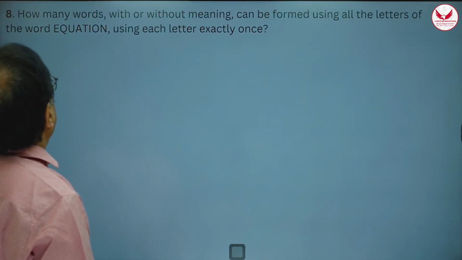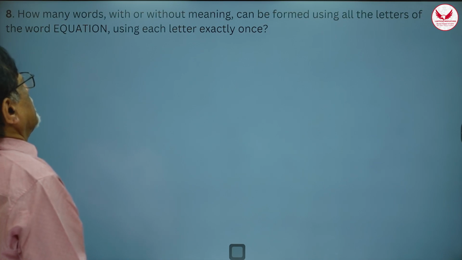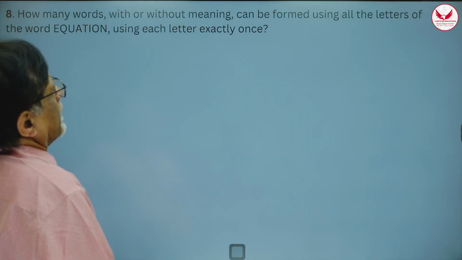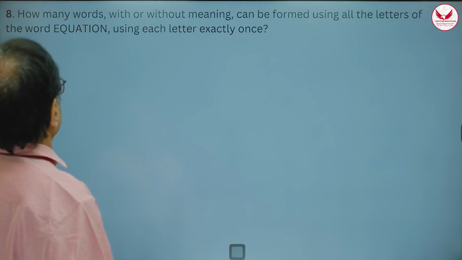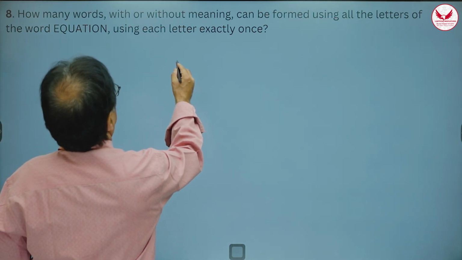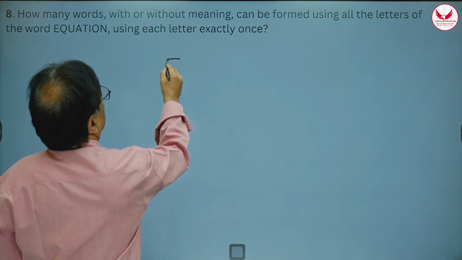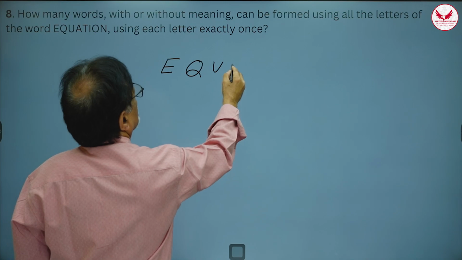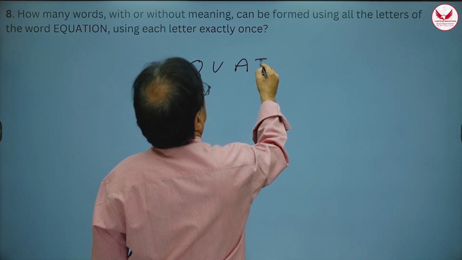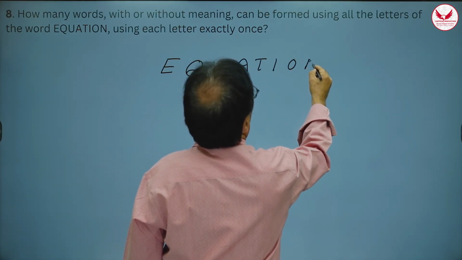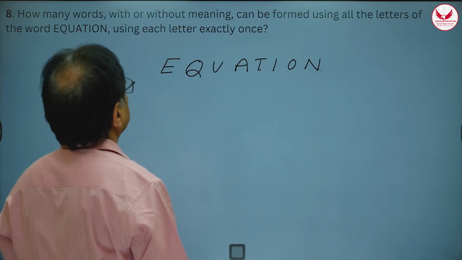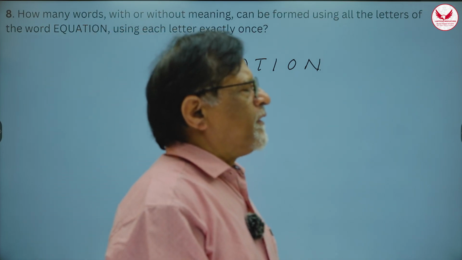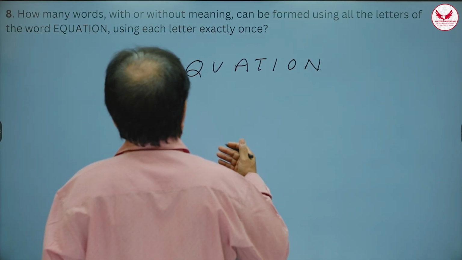Now, how many words, with or without meaning, can be formed using all the letters of the word EQUATION? See, the word is EQUATION. Right? How many words with or without meaning? That means the words that you're going to form may not mean anything.